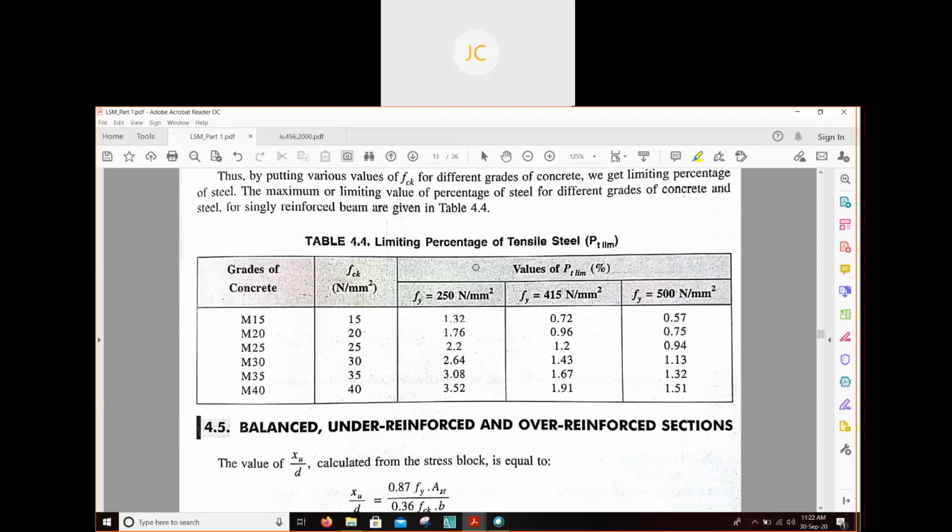All of you go through the PDF, and if you have any doubt in any formula, you can ask me in the next class. This part, over reinforced, under reinforced and balanced sections, we will discuss in our next part.